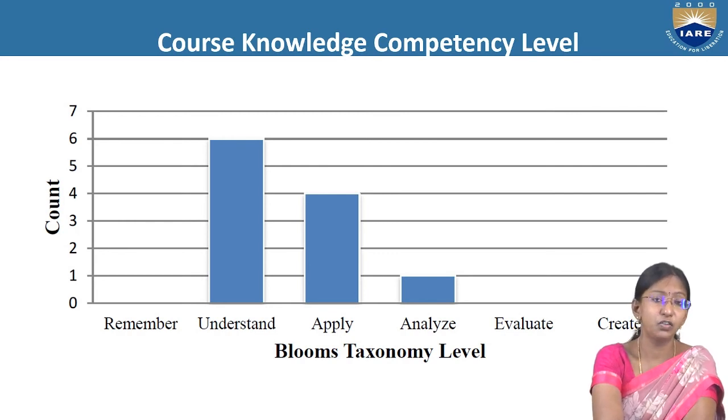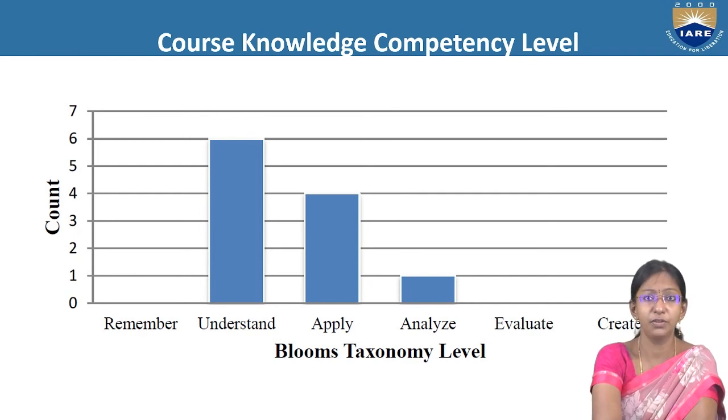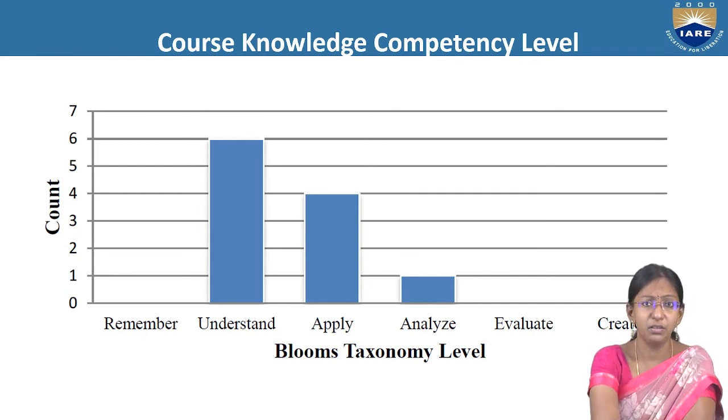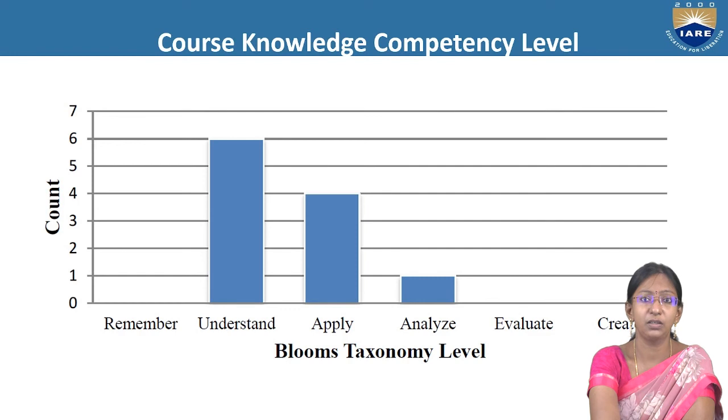See, 6 points go for understanding only, because data structure is a new concept for you which you are going to implement with your prerequisite, that is Python. It's altogether a different story, but all the concepts which you are going to learn here are new to you. You will be a novice when you enter into data structures.